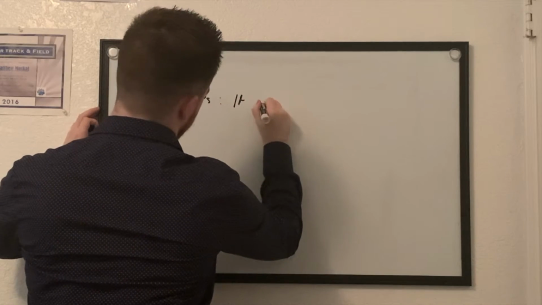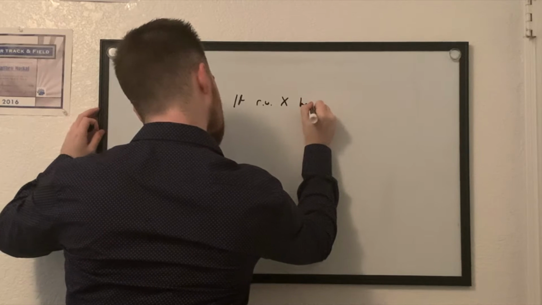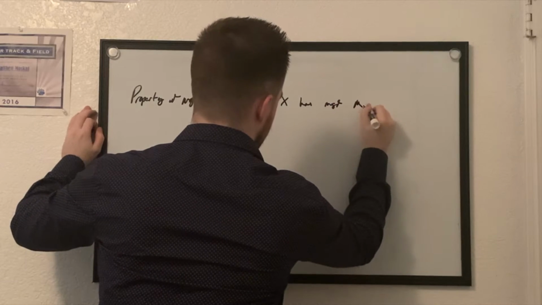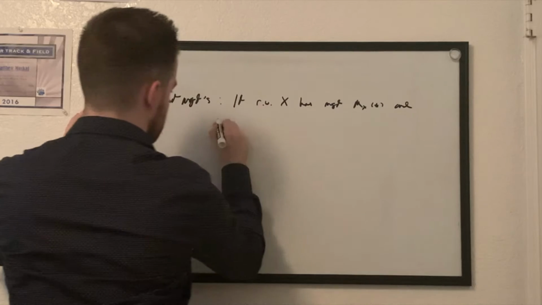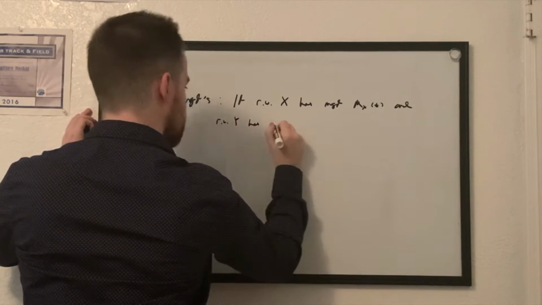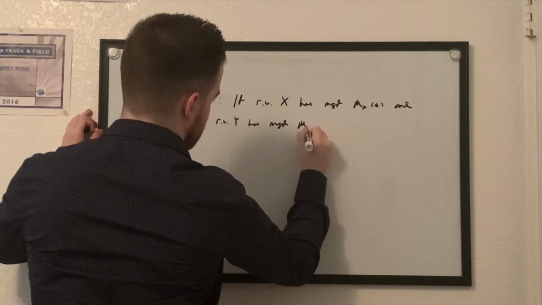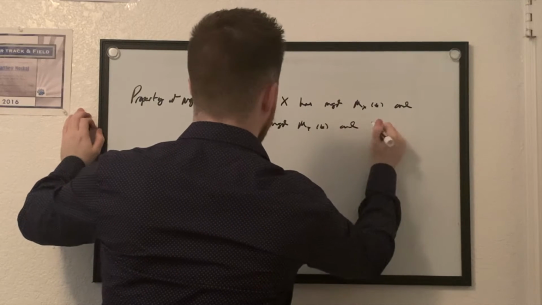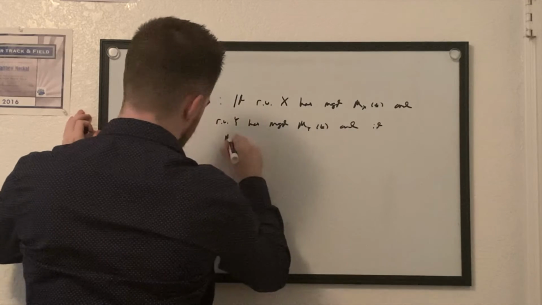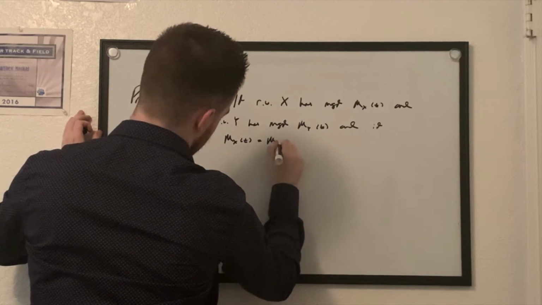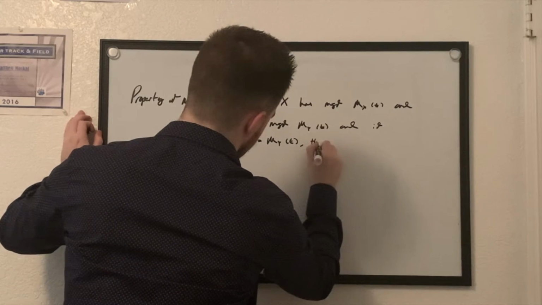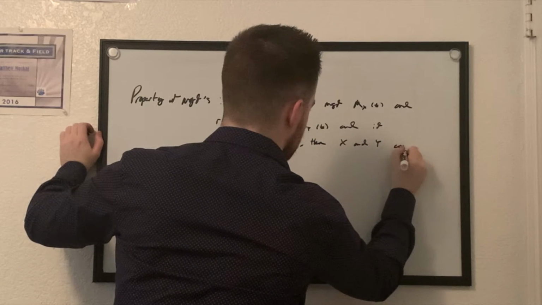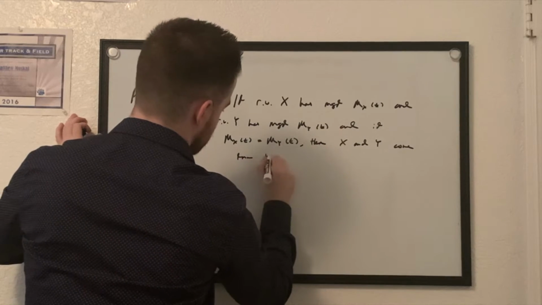So if random variable X has moment generating function M_X(t), and random variable Y has moment generating function M_Y(t), and if M_X(t) equals M_Y(t), then X and Y come from the same distribution.